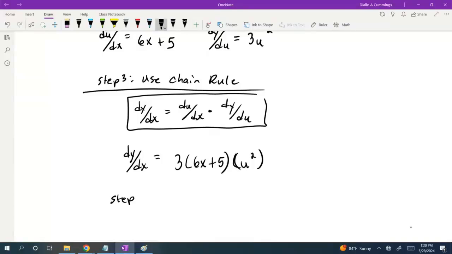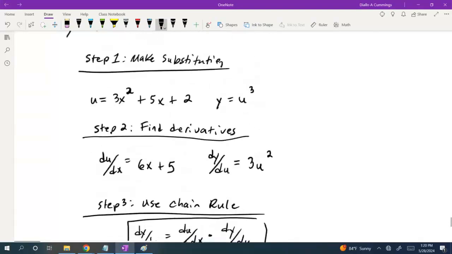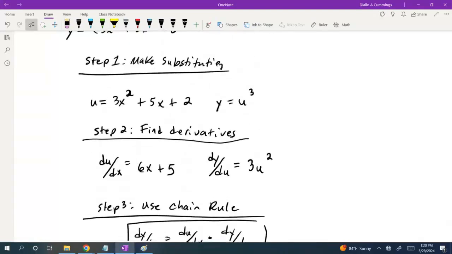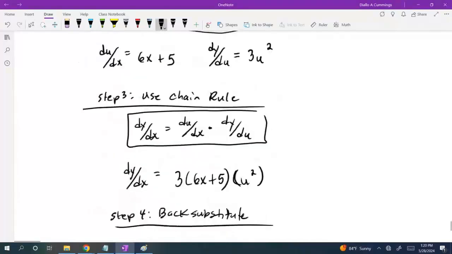Step number 4 is to back substitute. Recall, we substituted u in our very first step as 3x squared plus 5x plus 2, and now I'm simply going to back substitute it.